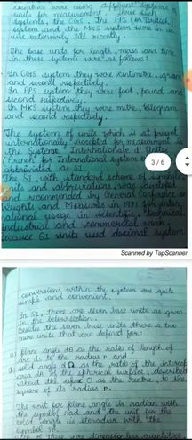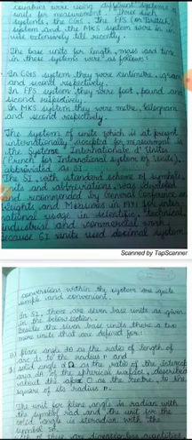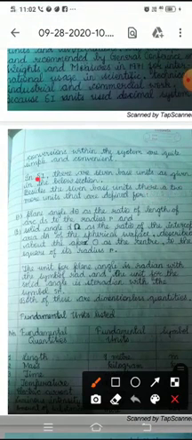Because SI units use the decimal system, conversions within the system are quite simple and convenient. In SI, there are 7 base units.